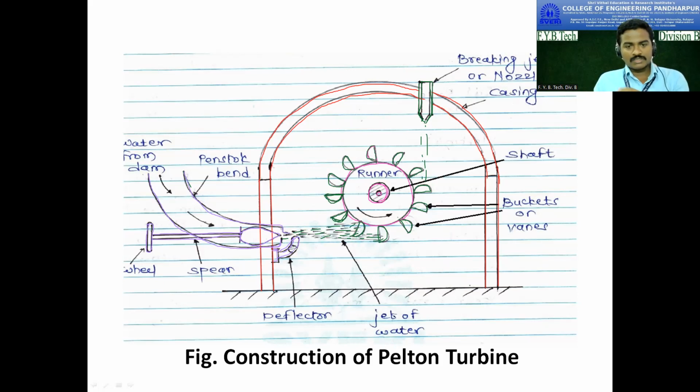There's a jet of water, and that water falls over the turbine buckets, and once water strikes over the bucket, the runner will start rotating. So that runner will rotate with a high speed. That is what we obtained here, a mechanical energy. Yes or no?